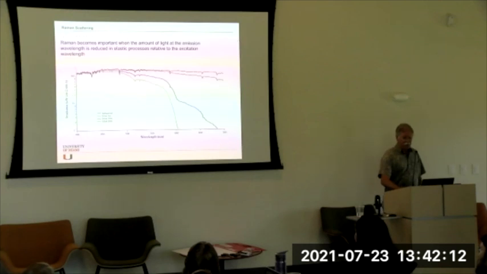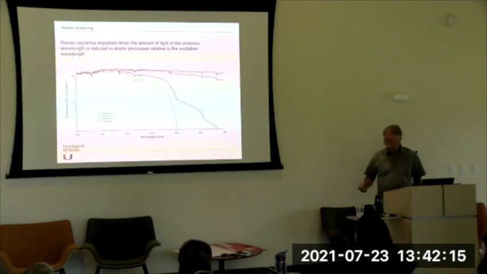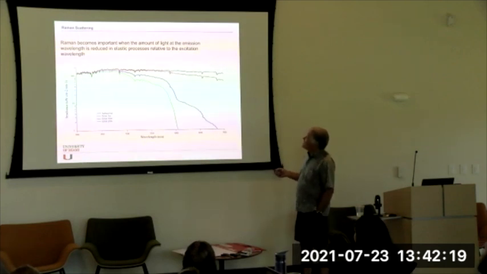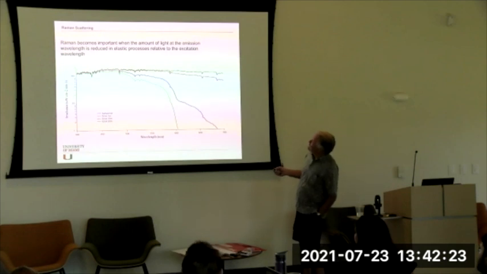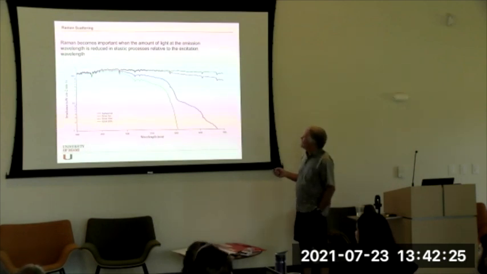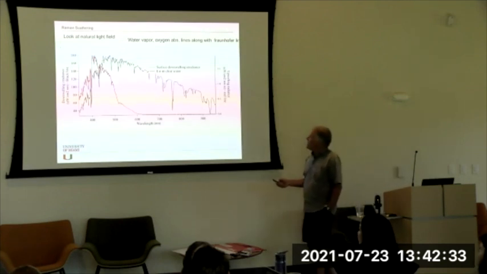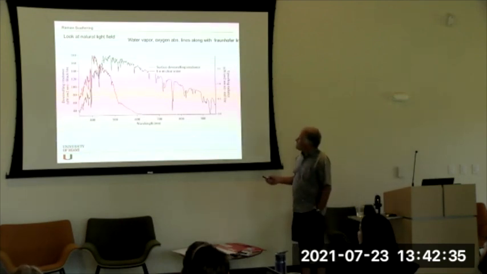So Raman is important when the amount of light at the emission wavelength is reduced relative to the light that's available at the excitation wavelength. If you go back to here, looking up over in this region, Raman scattering wouldn't be important, because it's taking light from over here and shifting it over there.